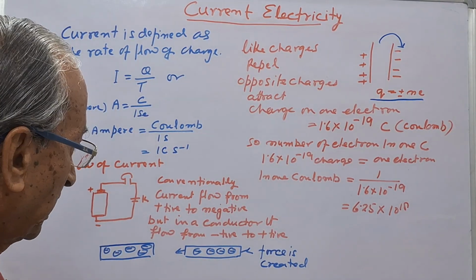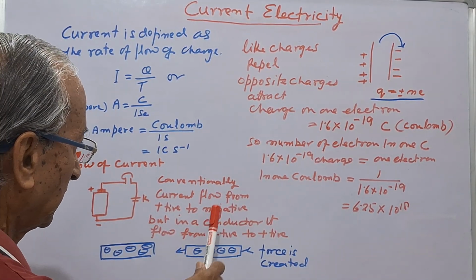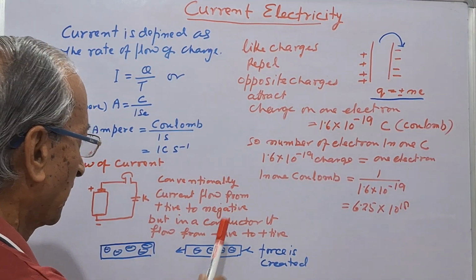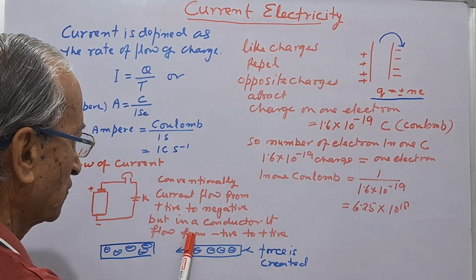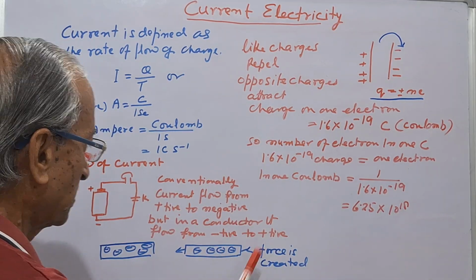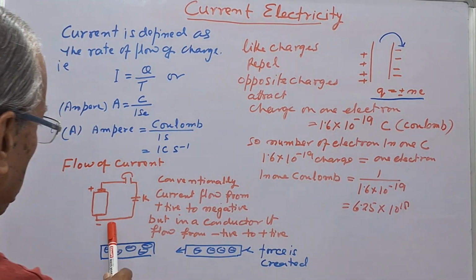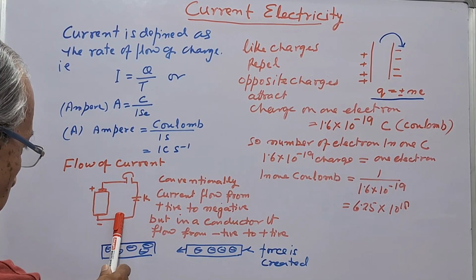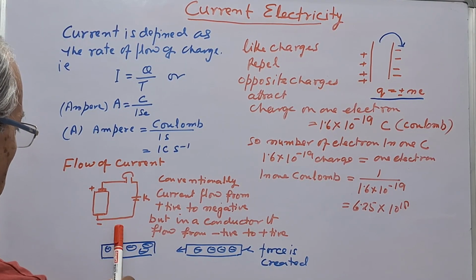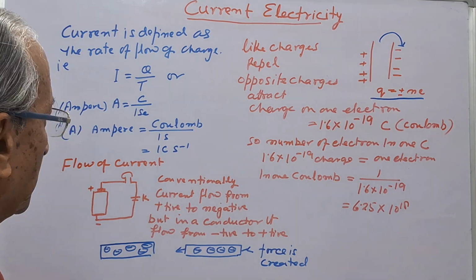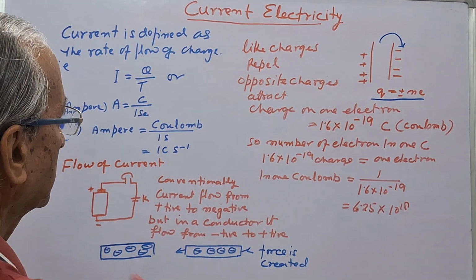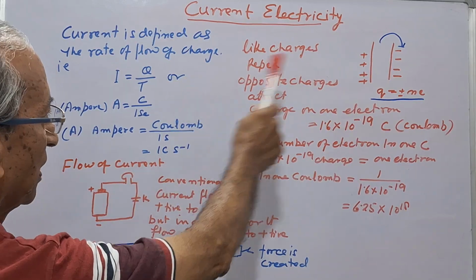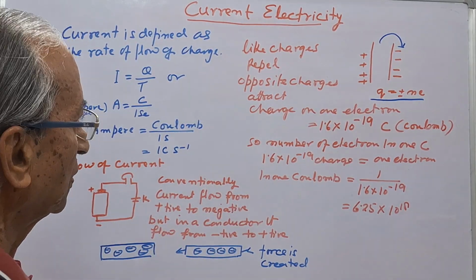This is how we say that conventionally current flows from positive to negative, but in a conductor it flows from negative to positive. Here if you see the cell, if you complete the circuit, then in the cell, current is flowing from negative to positive. Okay, so this is how we can define the current. So it will be clear to you.